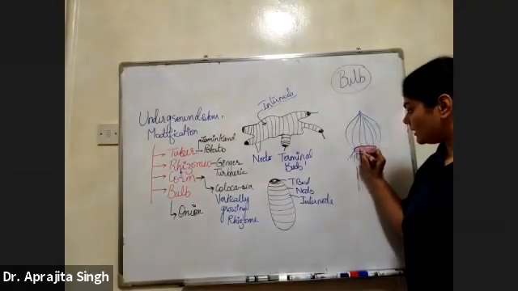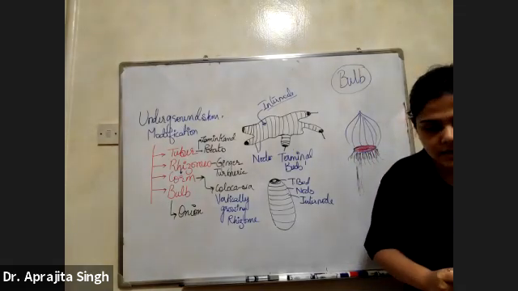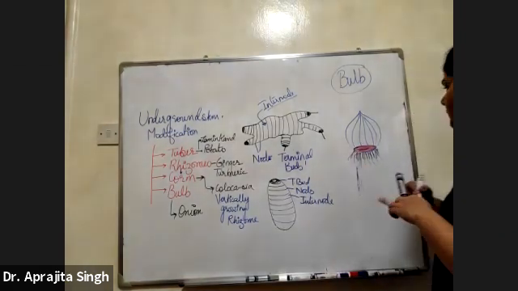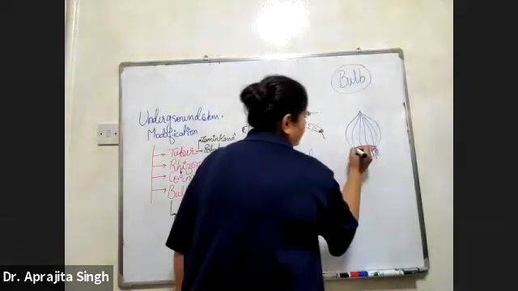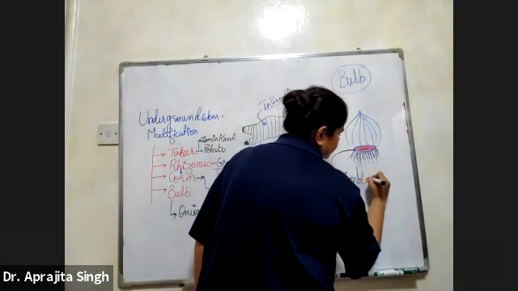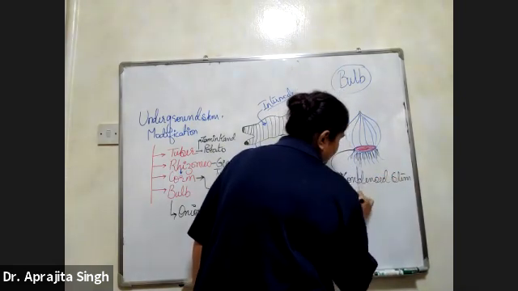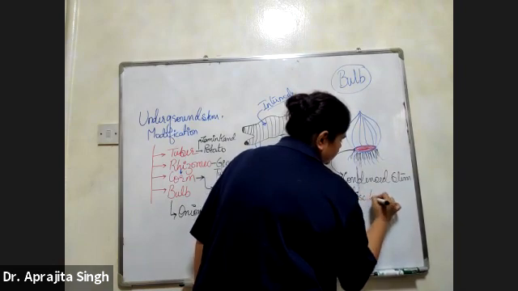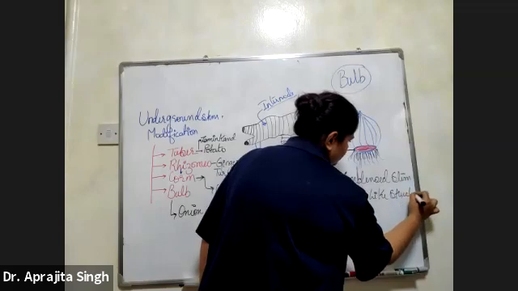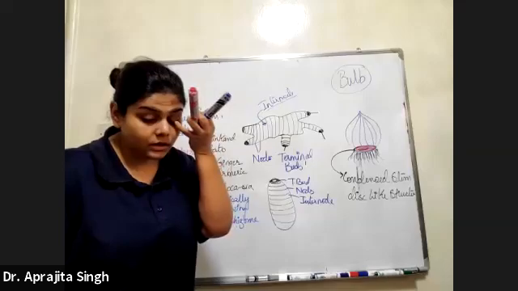You will definitely see this structure: the condensed stem, a disc-like structure. Okay, you can write it down. This part, which I have marked with red, is the condensed stem, a disc-like structure.